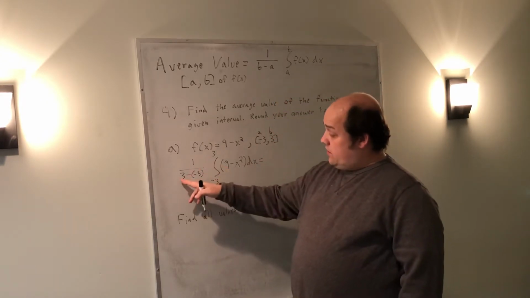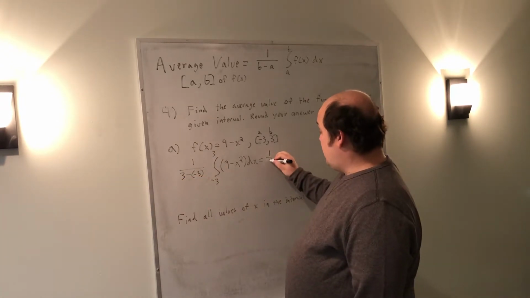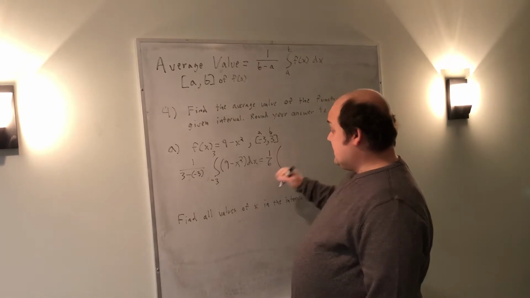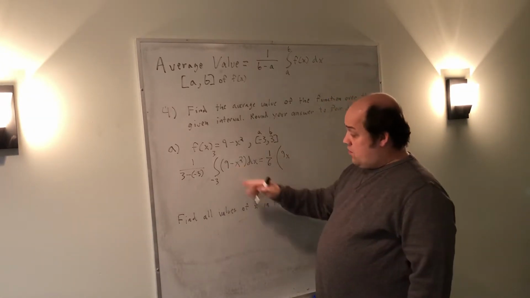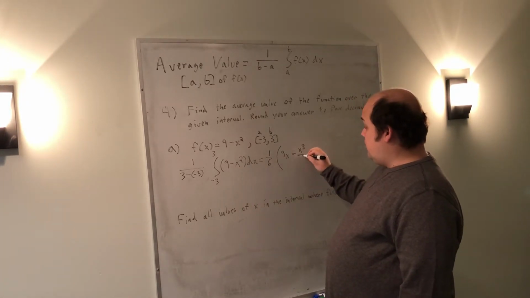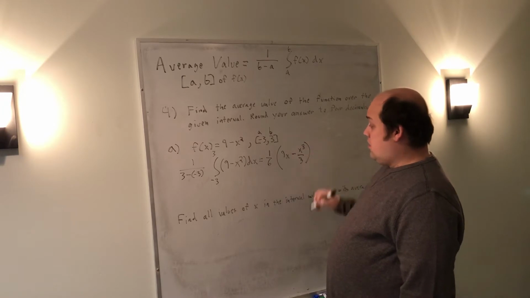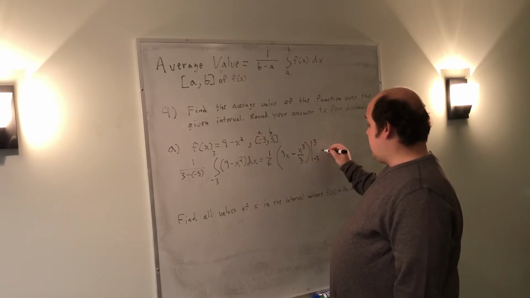On the outside, 3 minus a negative 3 is really 3 plus 3, so this becomes 1/6. On the inside, when I integrate 9, I get 9x. When I integrate negative x squared, I get negative x cubed over 3. This is all being evaluated from negative 3 to 3.